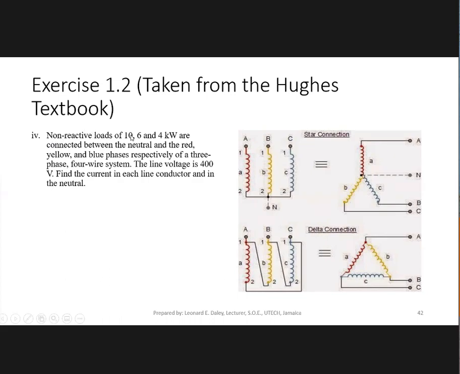Non-reactive loads of 10, 6, and 4 kilowatts are connected between the neutral and the red, yellow, and blue phases, respectively, of a 3-phase 4-wire system. The line voltage is 400 volts. Find the current in each line conductor and the neutral. All right, so you can work on that while the others work on questions 1, 2, and 3.